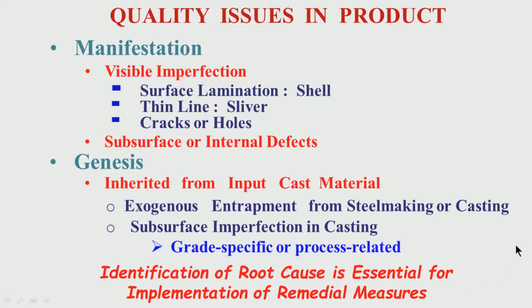So if you know the root cause, the genesis of the defect, the specific reasons, then in subsequent processing stages, subsequent steel making, secondary refining or casting stages, or even reheating stages, you can take care of it. So that is why it is important for identifying remedial measures, what the improvement measures are, how you improve it. This is very important.